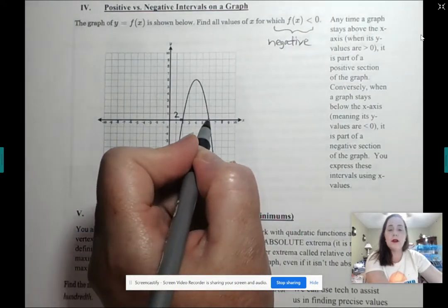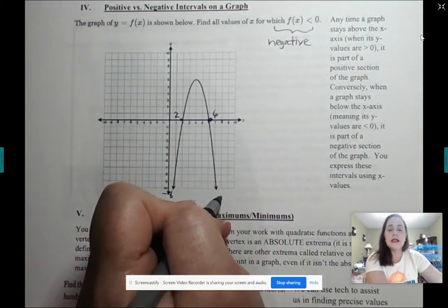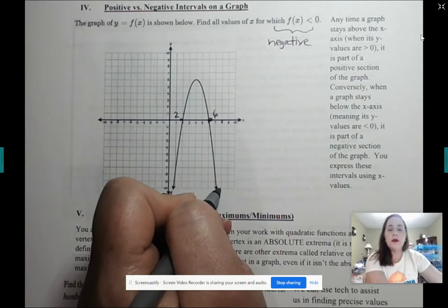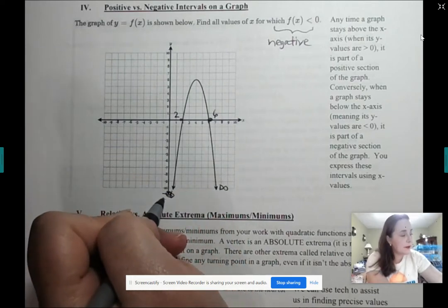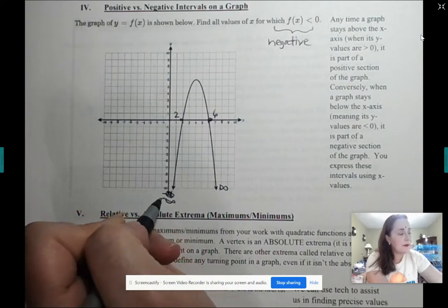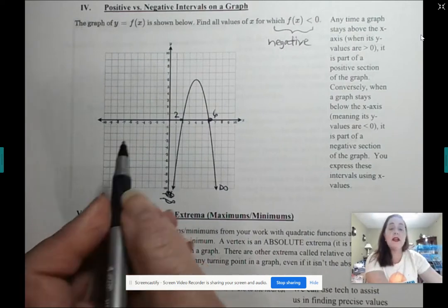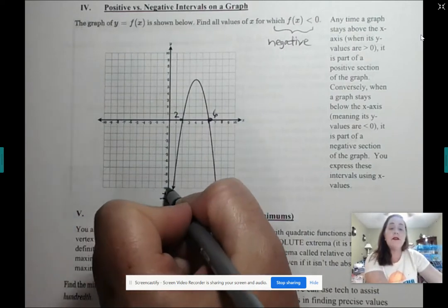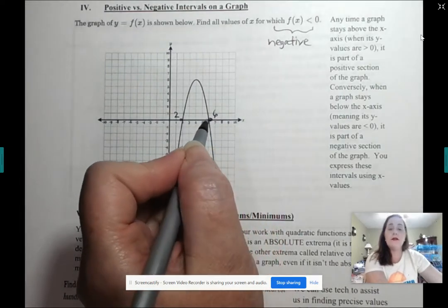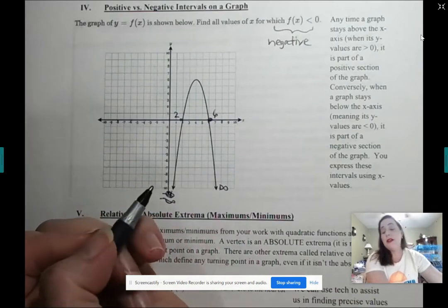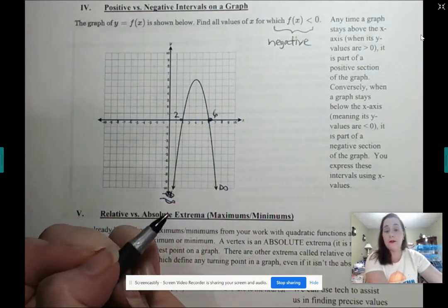And it's also below the x-axis from 6 to infinity. And these should both be, this is negative infinity because this is going forever to the left. So forever to the left, all the way up to 2, I have a negative interval. And then I have another negative interval from 6 to infinity because it keeps going to the right from that value.